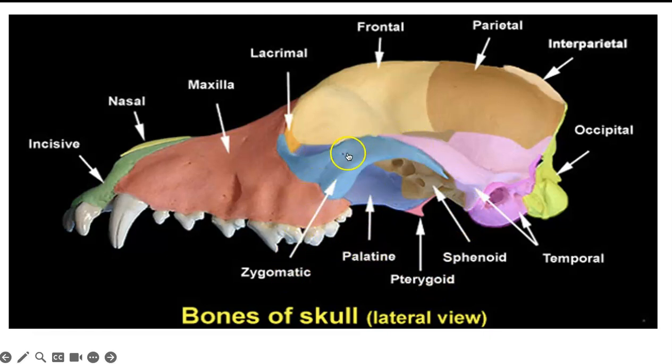This is the zygomatic arch, formed by the temporal process of the zygomatic bone and the zygomatic process of the temporal bone. This arch is very important because the masseter muscle attaches here on the zygomatic arch, giving powerful action for biting in the canine.